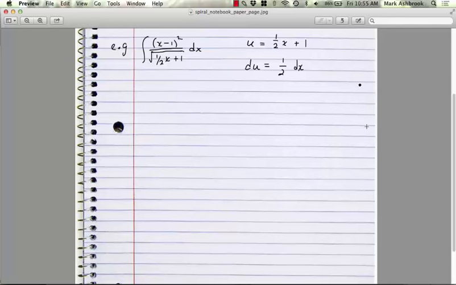Okay, so therefore dx equals 2 du. Brock, what does dx equal? 2 du.